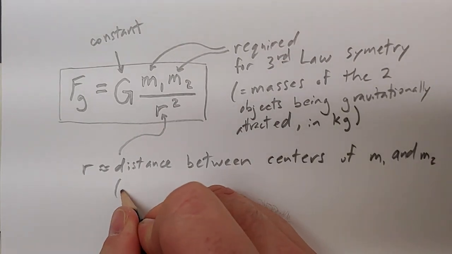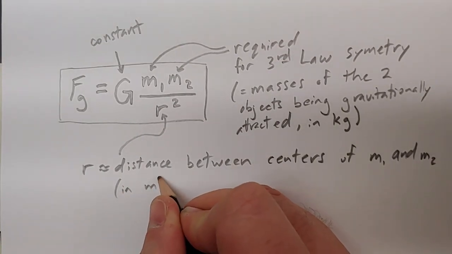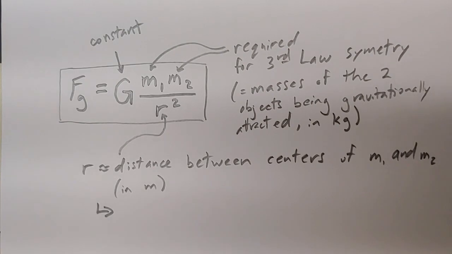And that should be in meters in order for this to work. And this is required in order for our equation to agree with the observations made by the astronomers, particularly Kepler.